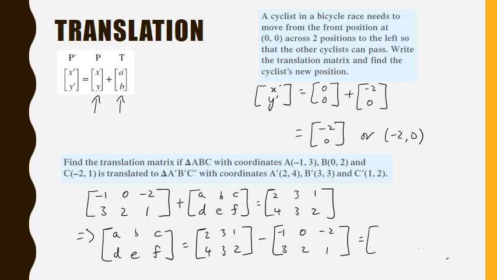So then we get 3, 3, 3, 1, 1, 1. In other words, the translational matrix would then be 3, 1, because we're just doing this for all the points, but really it's just one of the matrices. So just remember, you have to change it back.